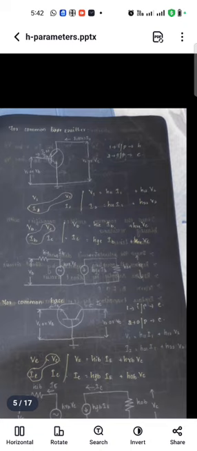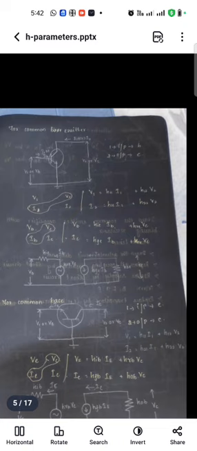We know that three terminals are there: base, emitter, collector. The emitter should be grounded. We apply the input at the base and the output at the collector, right? From the basic symbol itself we understand V1 I1 as input and V2 I2 as output. All the ones are replaced by base and all the twos are replaced by collector.